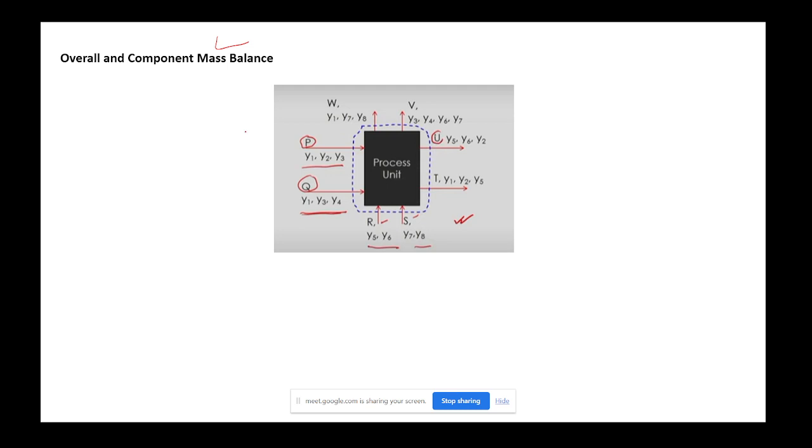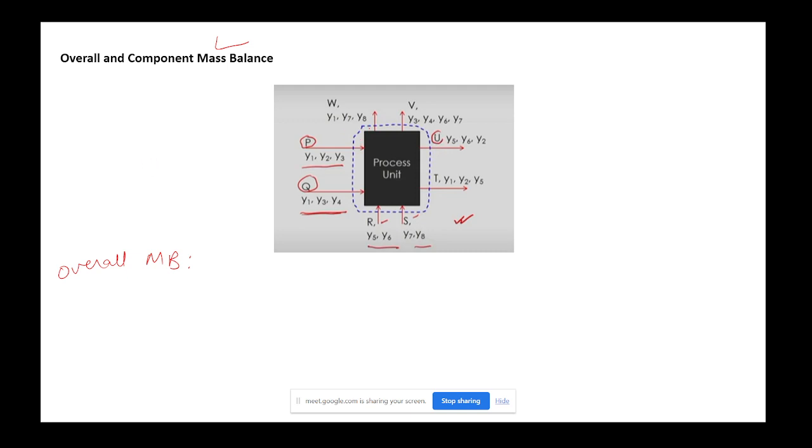Or maybe just a unit operation is performed, as you can see here. Also, applying material balance, we can find out how the inlet streams are split into two. So for example, there can be two types of mass balance. One is overall mass balance. So what does overall mass balance mean?